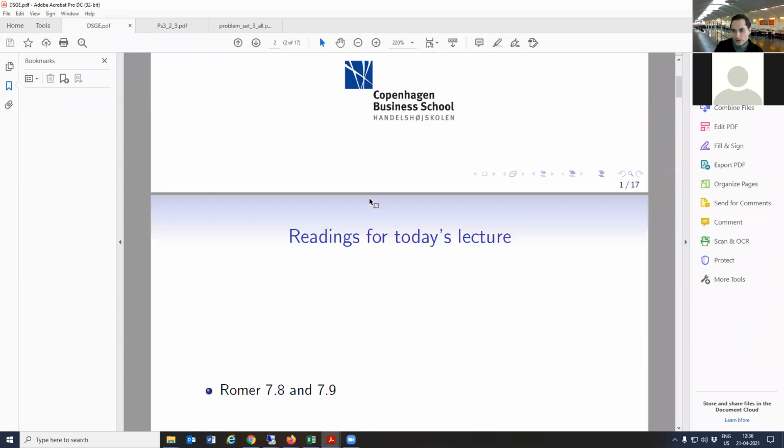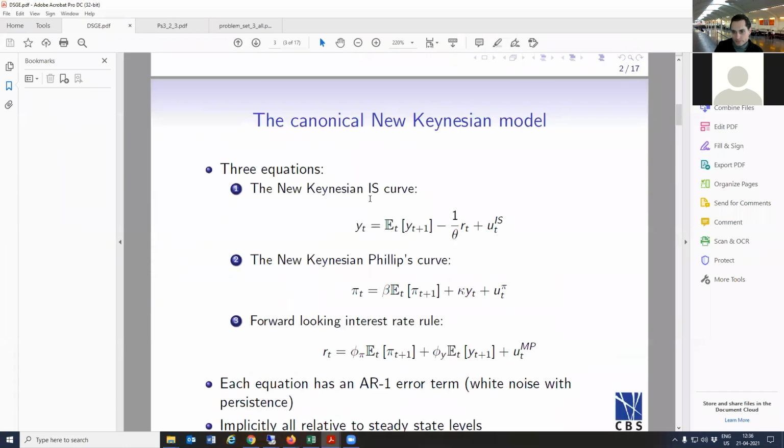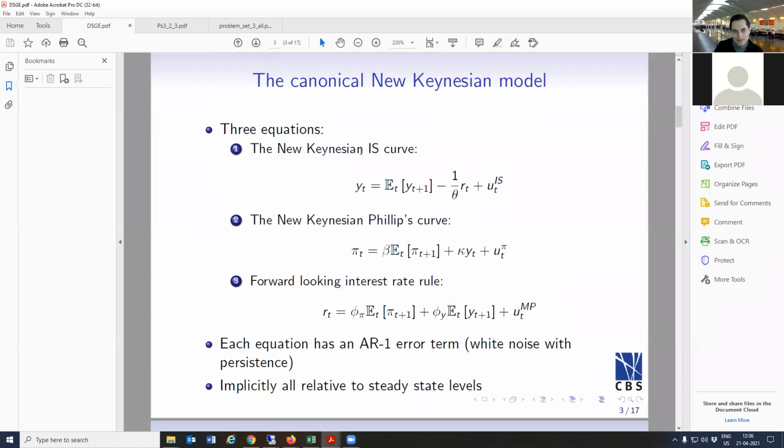So here are the three basic equations. And this really is an IS curve, right? We're relating output to the interest rate. And it's exactly what I just taught when I did Macro 101. I guess the only difference is that here we have expectations. And then here's the Phillips curve.